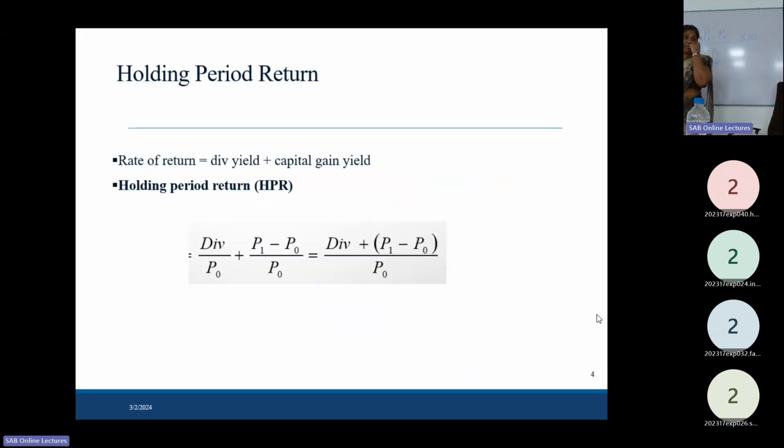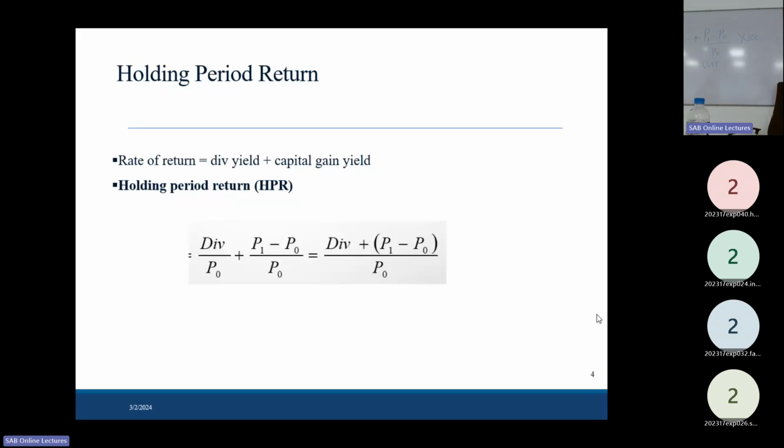This return we call the holding period return. Because if you invested in the equity share of a listed company, there is no maturity. For ordinary shares, no maturity.